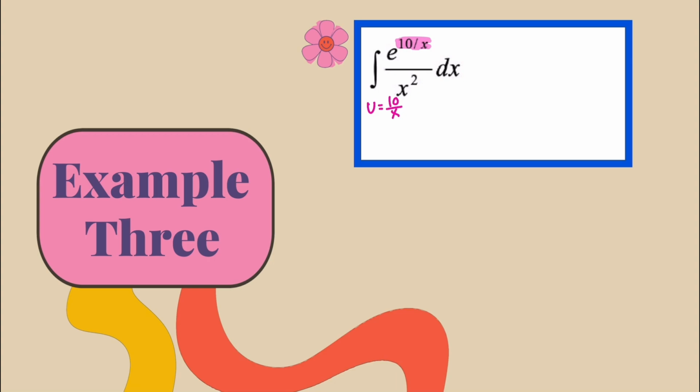Now that we found the inside function, we know that u is going to be 10 over x. And then du is going to be negative 10 over x squared times dx.